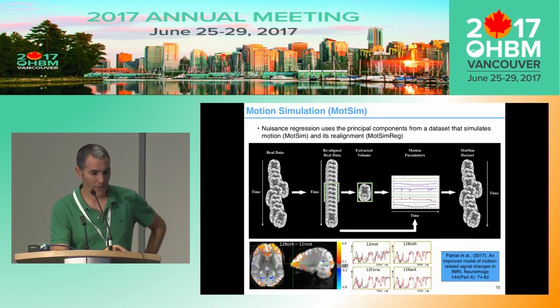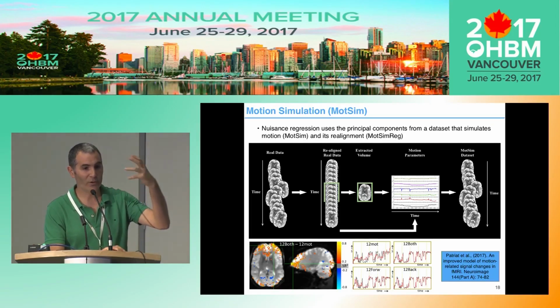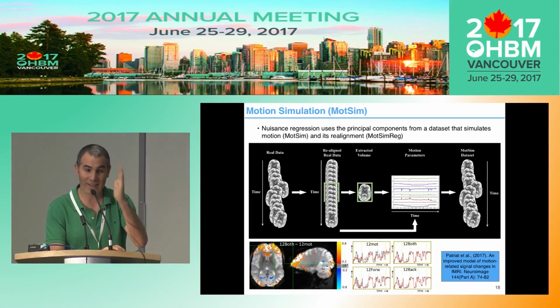Another algorithm to correct for motion could be to compute the principal components of a data set that simulates motion. In this approach, they take just one volume, and based on the realignment parameters, the authors propose to rotate and translate that single scan according to the motion that has been estimated.